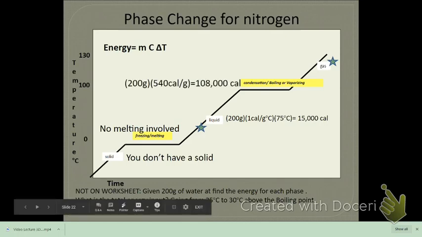And the setup is 200, which comes from the mass that I've been given. 540 is the heat of vaporization for water. If I take 200, multiply that by 540, that should give you 108,000 calories. So go ahead and do that. Make sure that that's working.